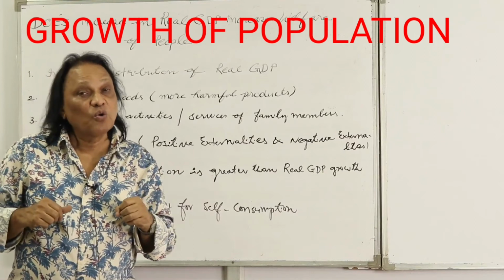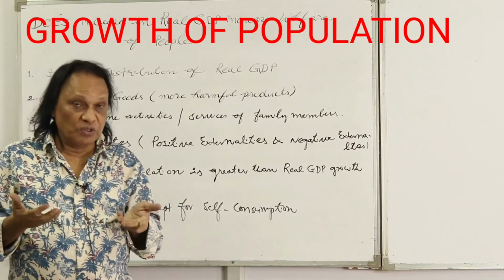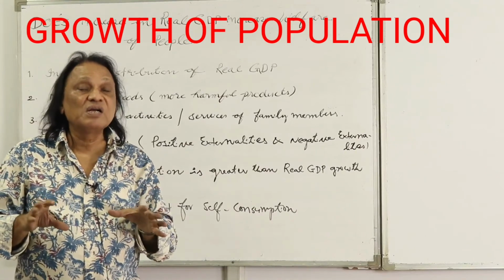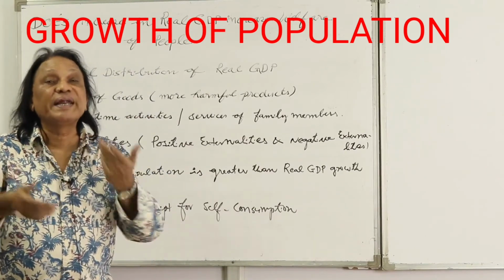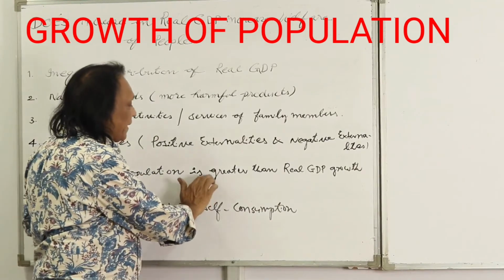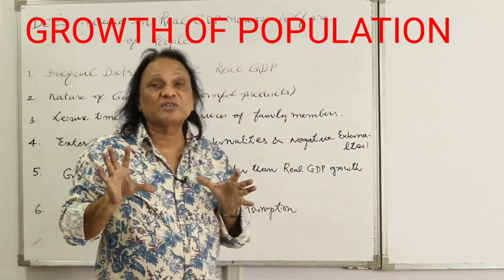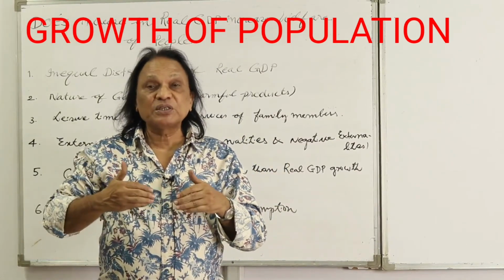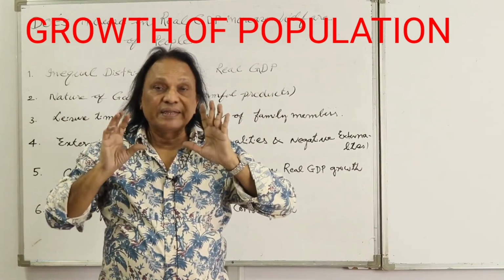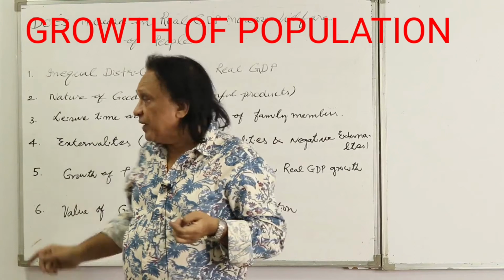Because population growth is much faster than the growth in real GDP. Real GDP is increasing very slowly, but the rate of growth in population is much faster, so welfare of the people will not go up. These five are very important.